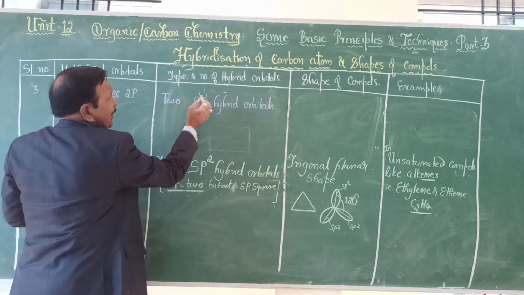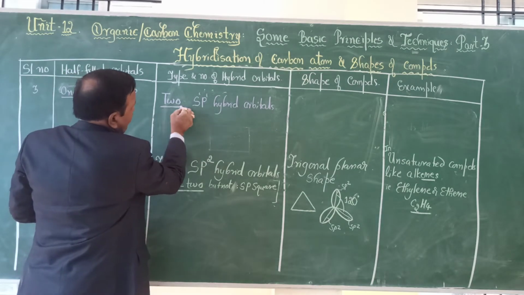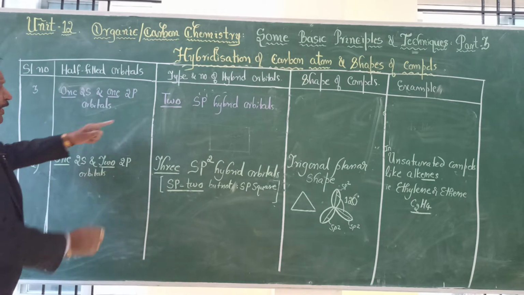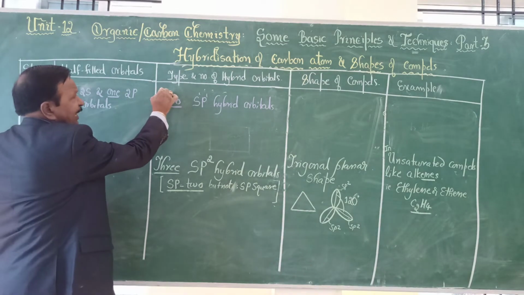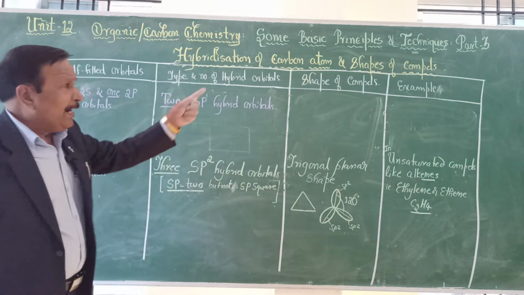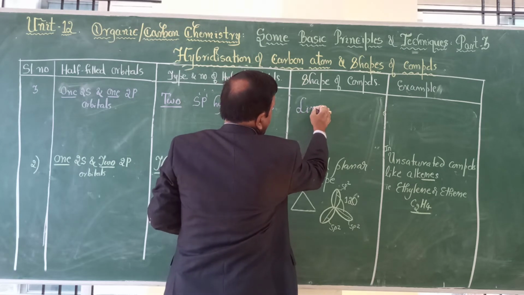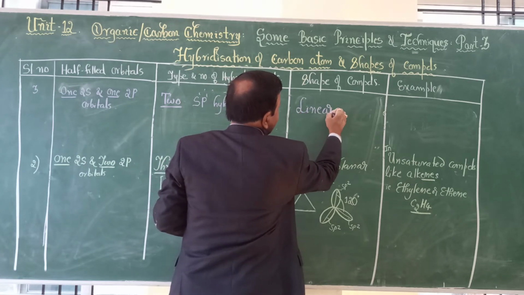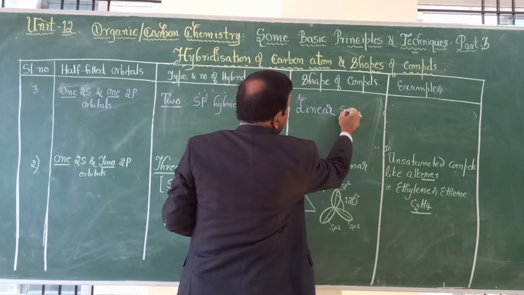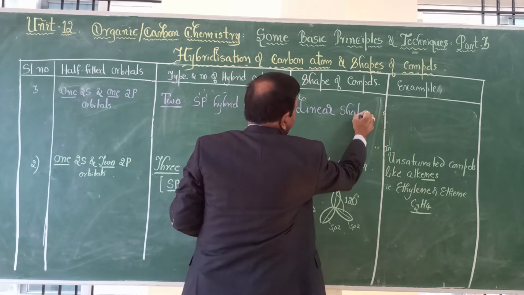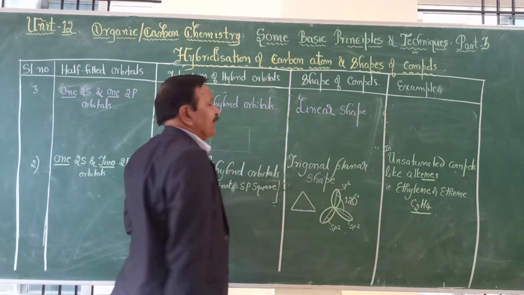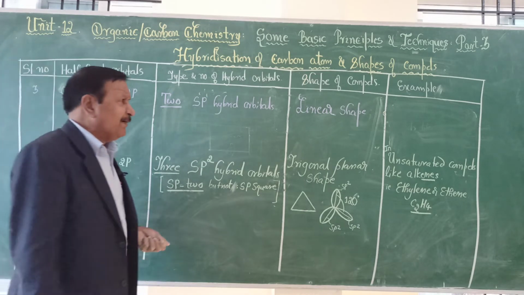So 1 plus 1 will be 2, 2 sp hybrid orbitals, and the shape is linear. The compounds having this type of hybridization are going to have a linear shape.